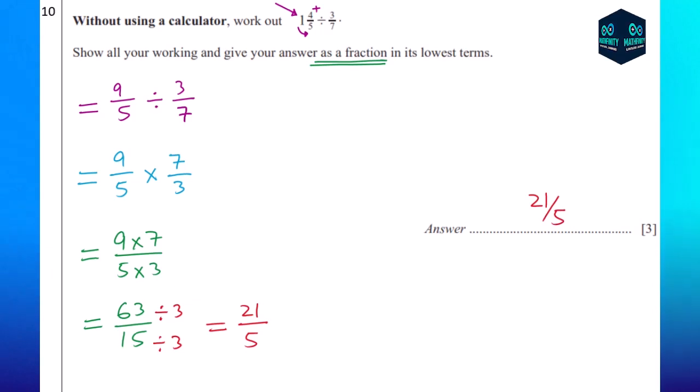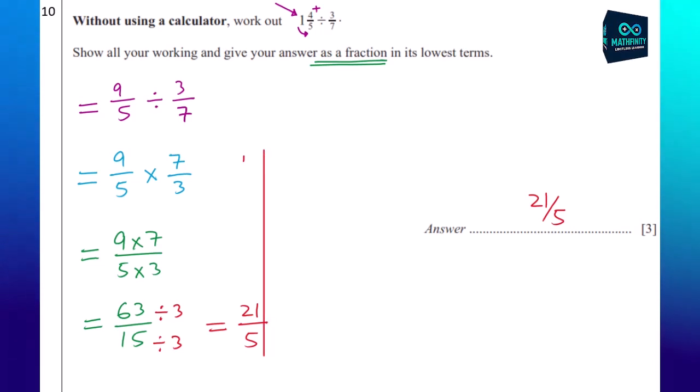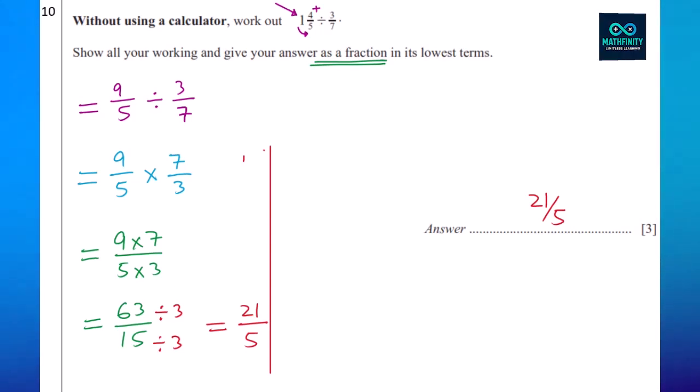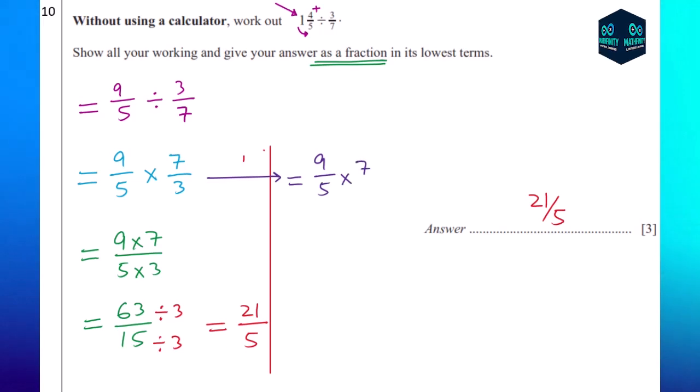And if you want another way, after using KCF, if you want to cancel out, from here, okay, 9 over 5 times 7 over 3, we can cancel 9 and 3.